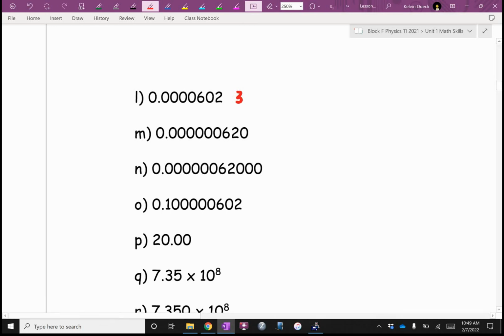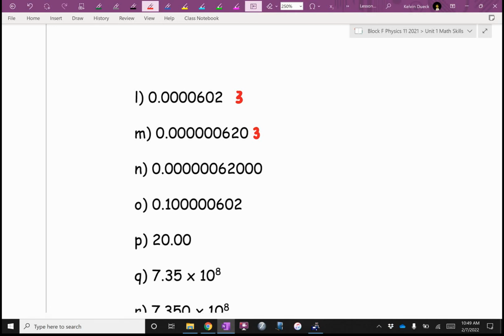Also 3. Why? Why would I have added that 0 unless the instrument that I was using was accurate to this many decimal places and I just happened to measure a 0 as my value? It was 620, not 621, not 625, 620. This is 3 levels of sig figs.